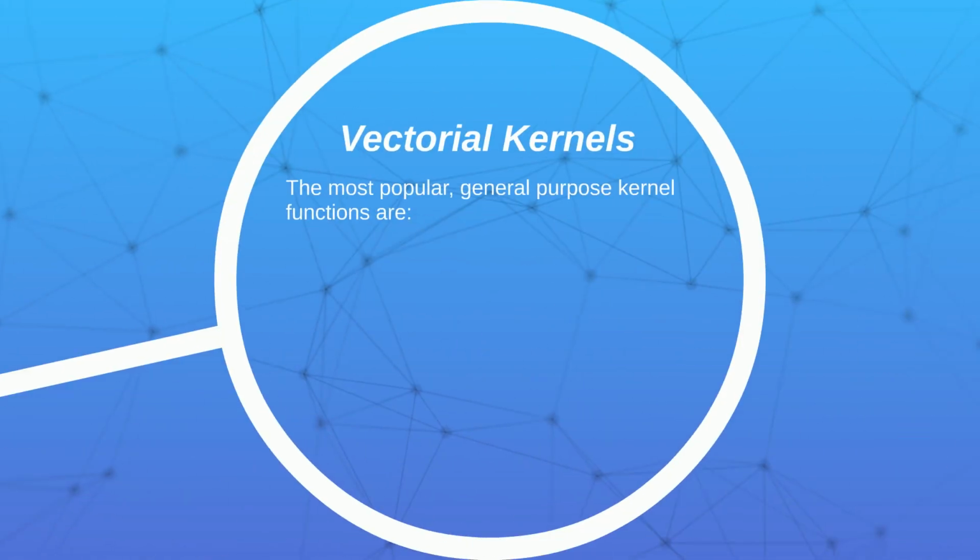So let's take a look at some common kernels. The most popular general purpose kernel functions are polynomials of a degree q. So these are going to have the following form, and q here is going to be selected by the user. So this could be first degree, second degree.